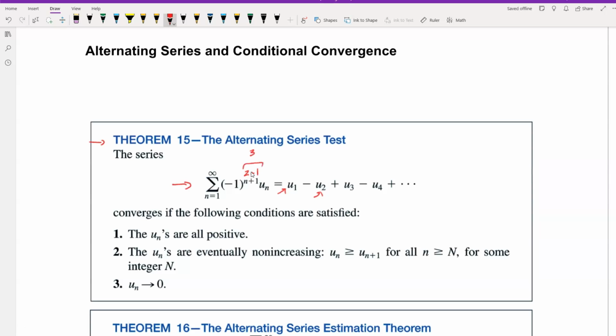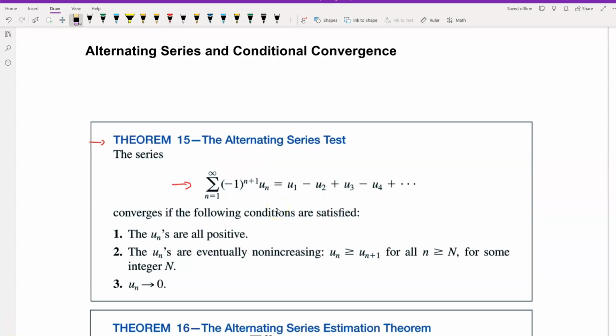We have (-1) to the third power, so that is negative. So that's how here we have negative u sub 2. And then again we have positive, again we have negative. So we have u1 minus u2 plus u3 minus u4 plus, and this goes to infinity. So here we used 3 dots.